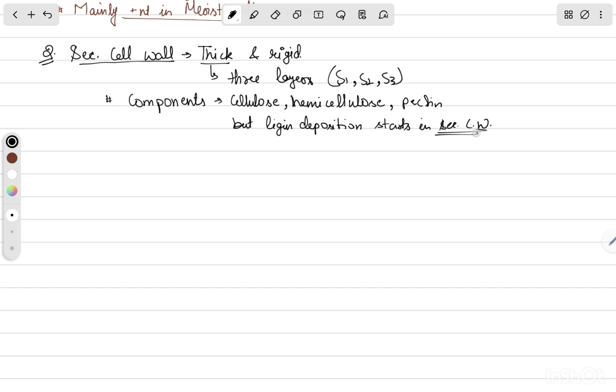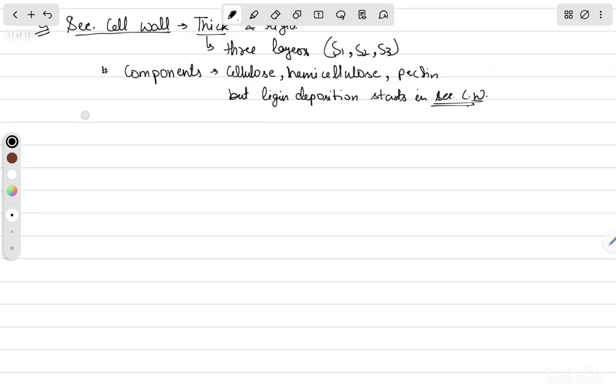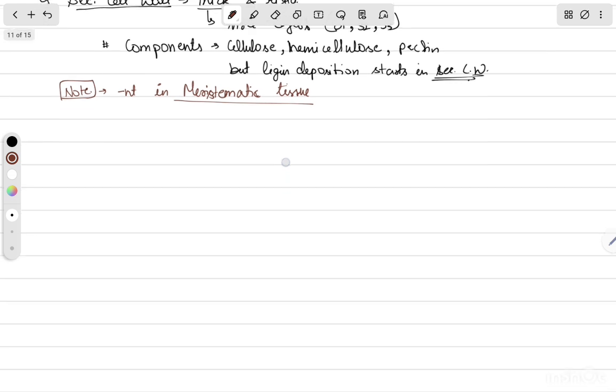That is why secondary cell wall, as compared to primary cell wall, is rigid. Most important point, this secondary cell wall is absent in meristematic tissue. We'll discuss why it is absent in meristematic tissue in the anatomy portion, not here. Okay.